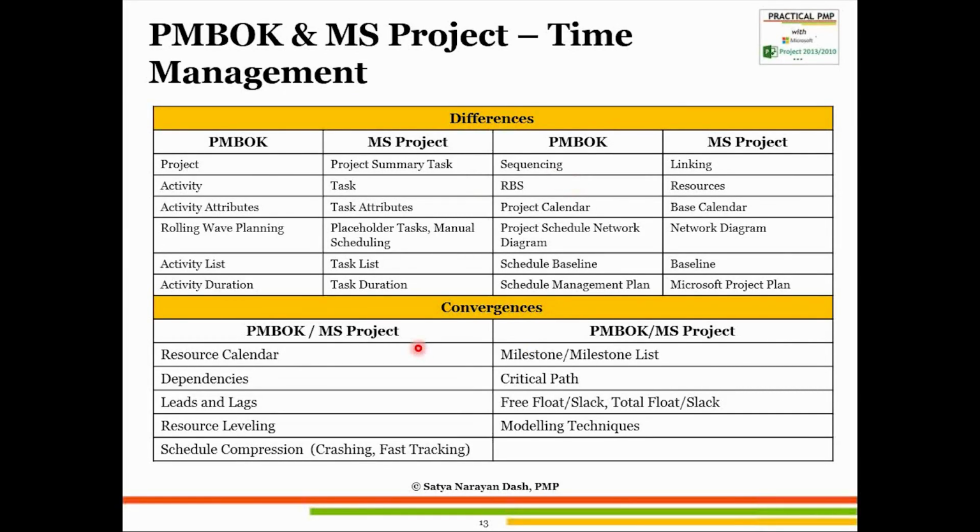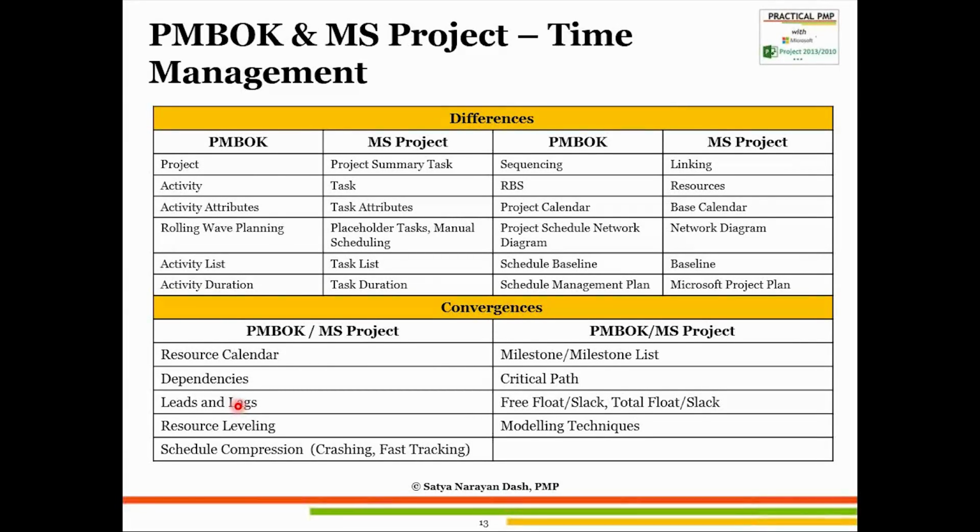What are the convergences you have in the PMBOK guide as well as Microsoft Project? You have resource calendar, which is used in both. Then you have dependencies, leads and lags. The PMBOK guide and Microsoft Project use the same terms.